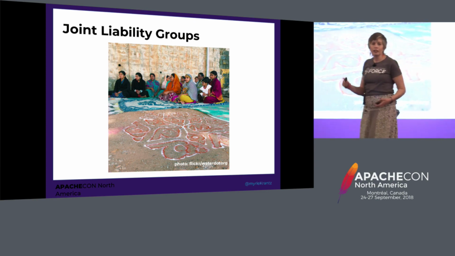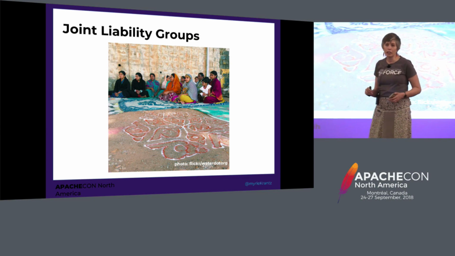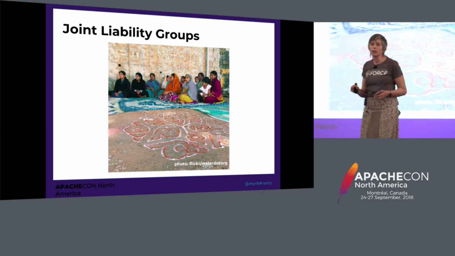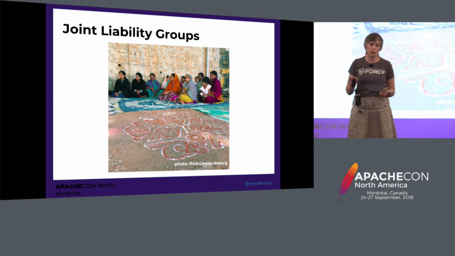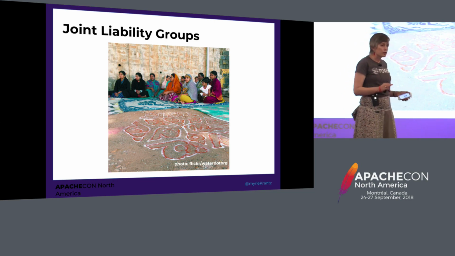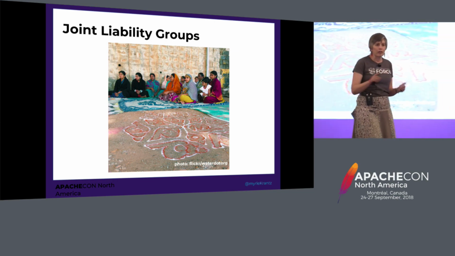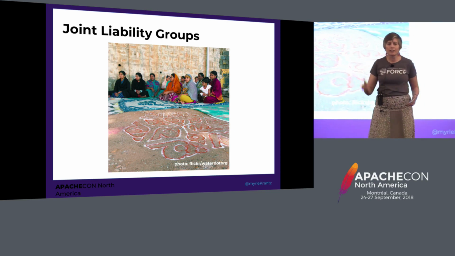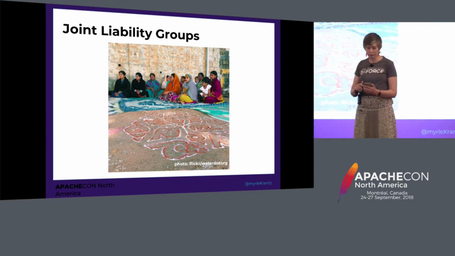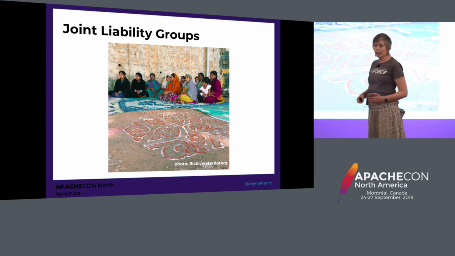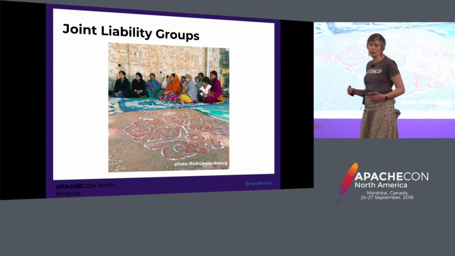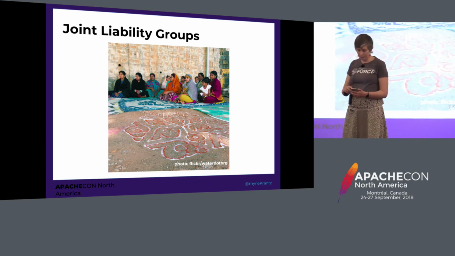Banks give little loans, in the case of joint liability groups, little loans to a person in a community. That person in the community shows that they can pay it back by gathering the community around them, and everybody in the community together says, yes, that person is trustworthy. You can lend to that person. They're basically using their social capital as a form of collateral.